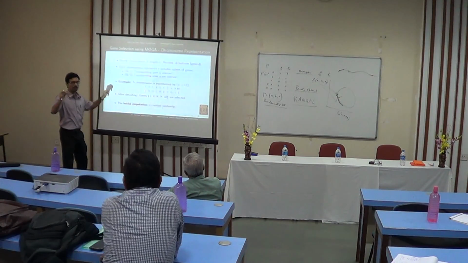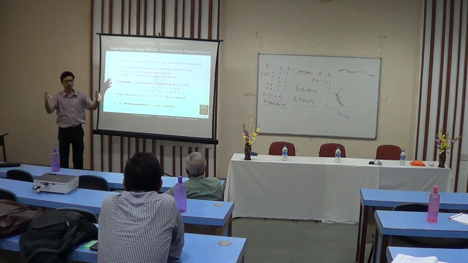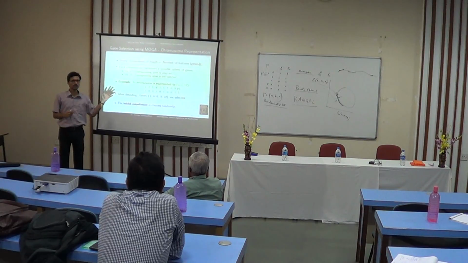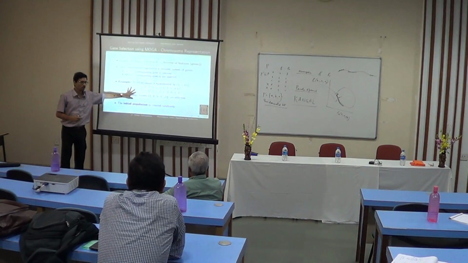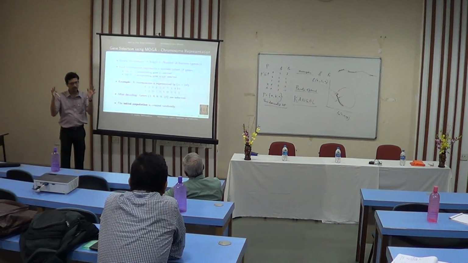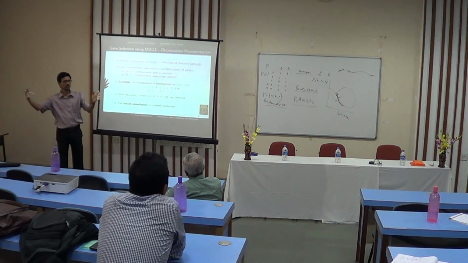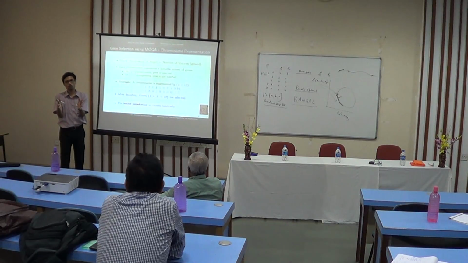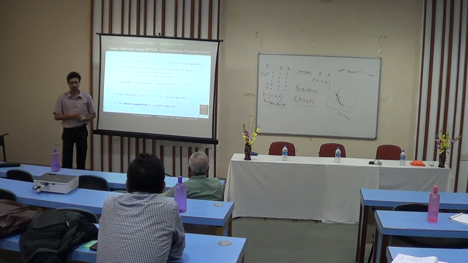So how will the encoding be now? My chromosome here, chromosome in terms of genetic algorithm, not the original chromosomes, will be used for encoding only a subset of genes. From the total set of genes, the chromosome should be able to encode a subset of genes.